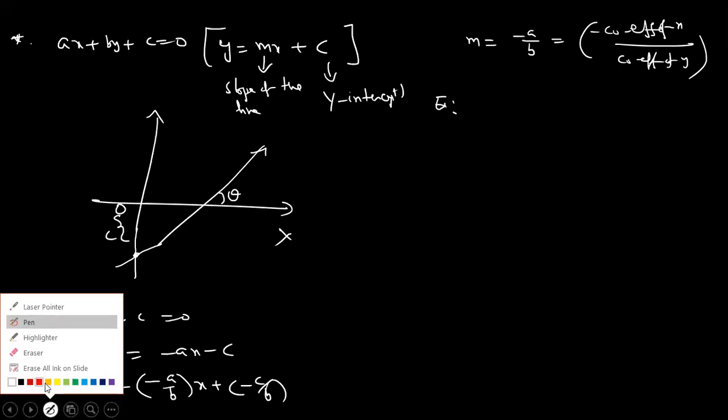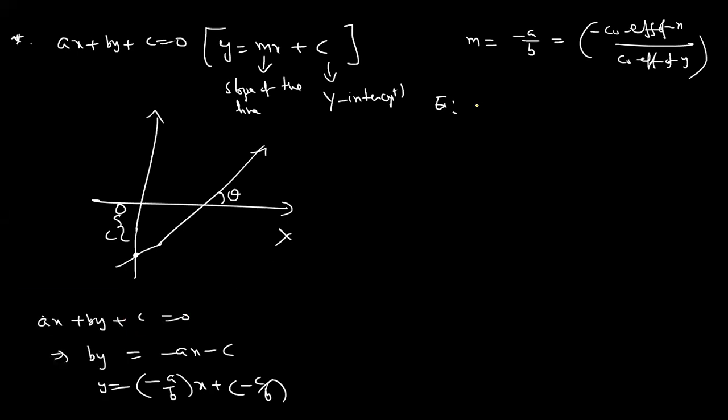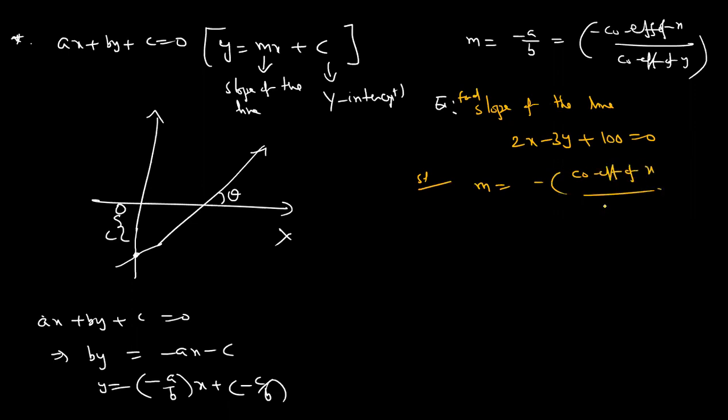Students, here is a small example I'm giving. What is the slope of the line 2x minus 3y plus 100 is equal to 0? How to find? m is equal to minus coefficient of x by coefficient of y. So the coefficient of x in this line is how much?